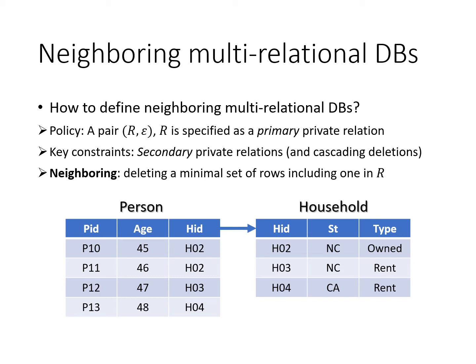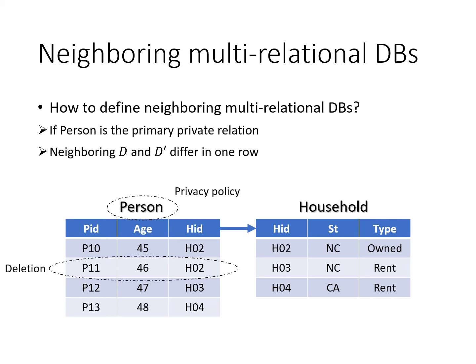Now, two multi-relational databases are neighboring if one of them is obtained from deleting a minimum set of rows, including one row in the primary private relation. Take the following example.